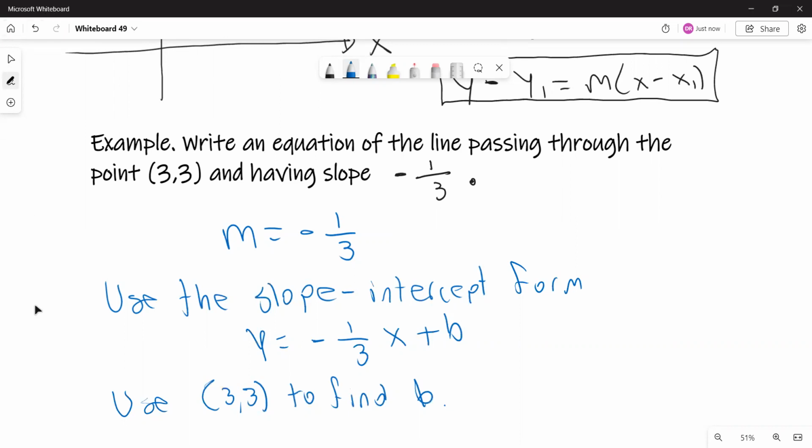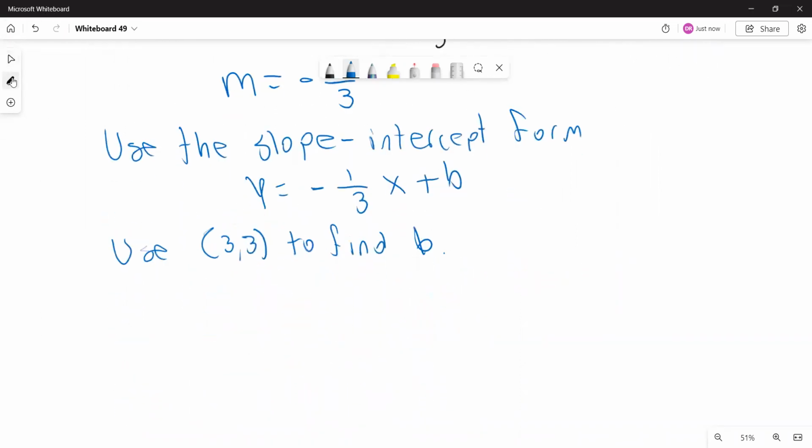So we have -1/3 times 3 plus b is equal to 3.